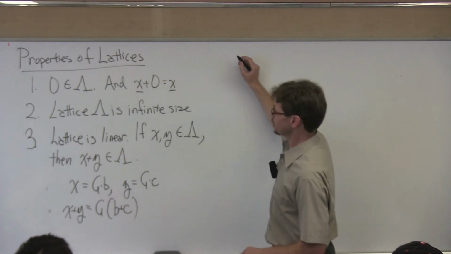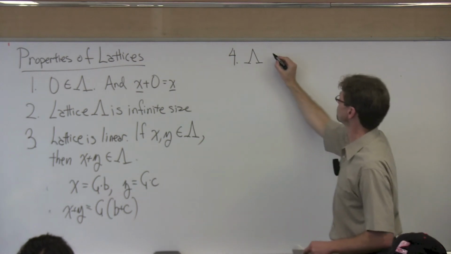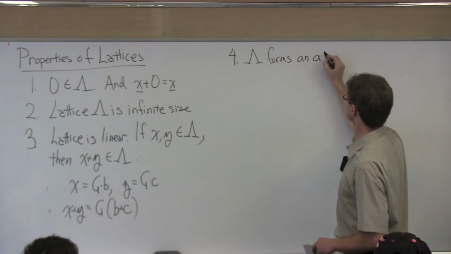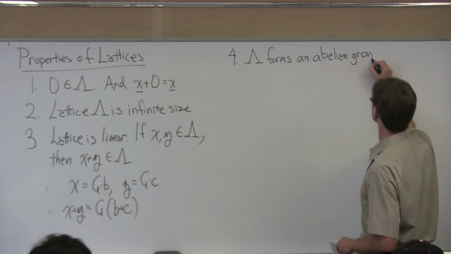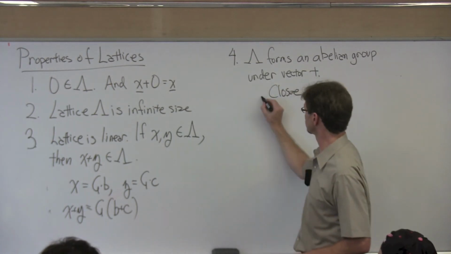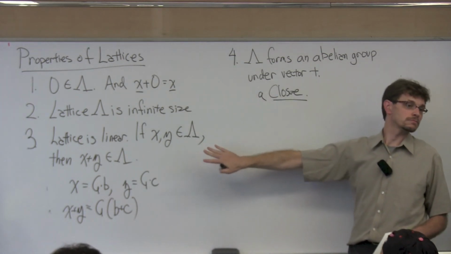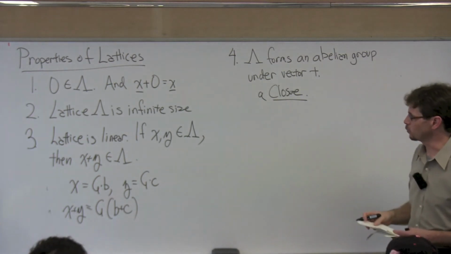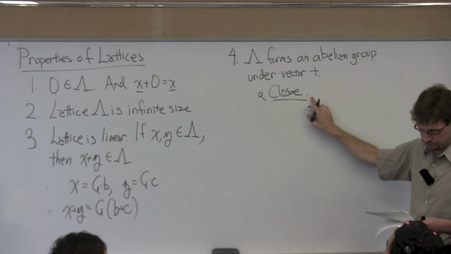Okay, so then the fourth property is that the lattice Lambda forms an abelian group under addition. We have closure. That was given by property 3. We said that if you take the sum of any two lattice points, the sum will be in the lattice, therefore we have closure.